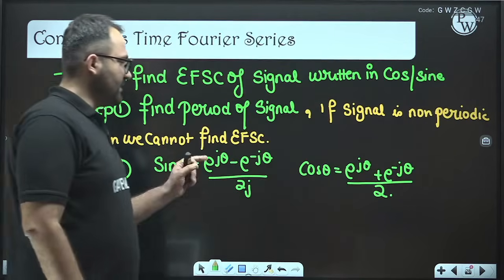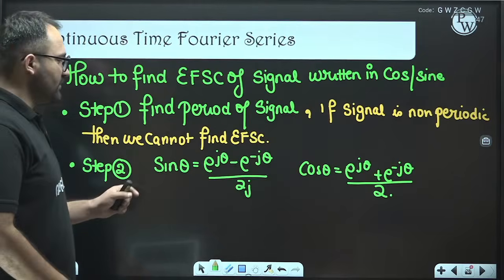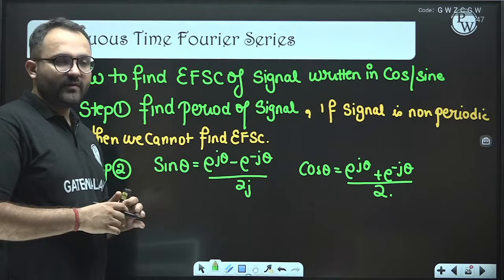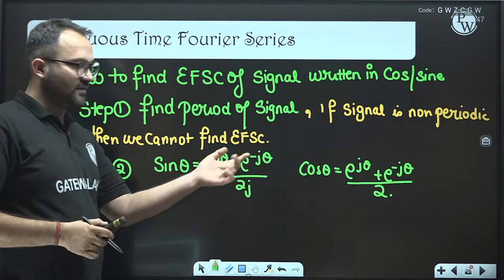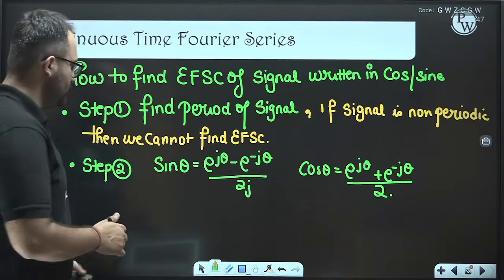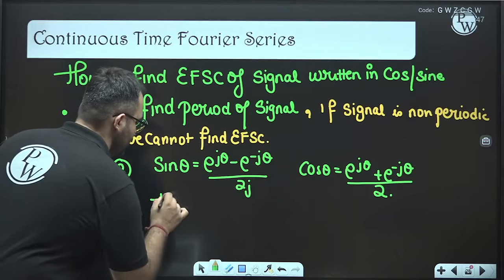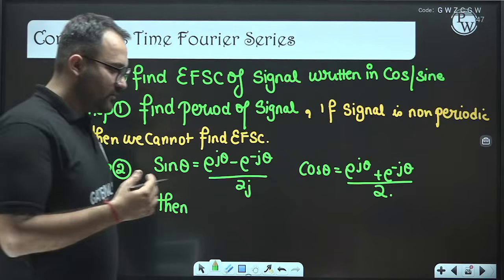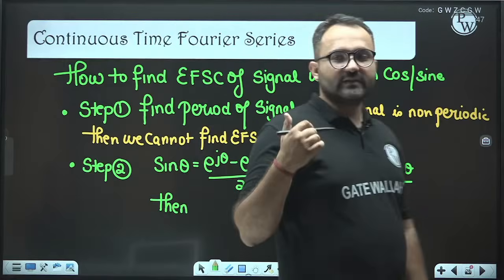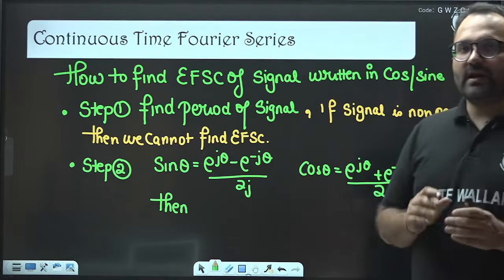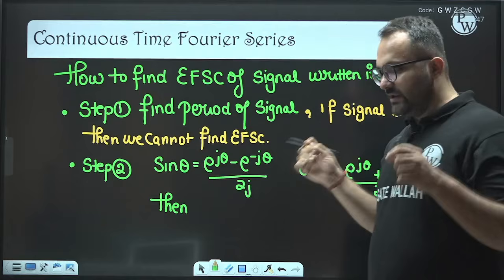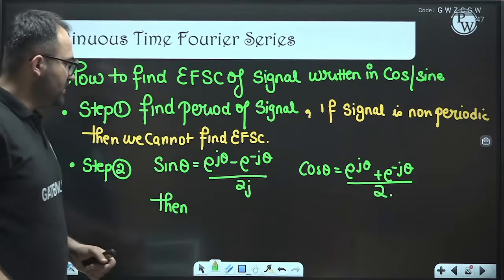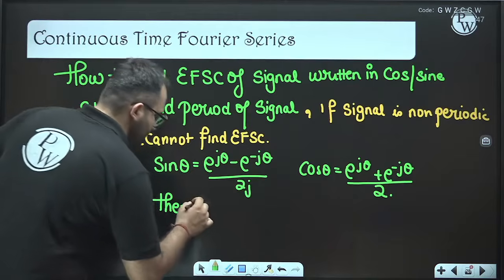So if we have sin theta and cos theta, we will convert them into exponentials using the formula. After converting sine and cos into these exponentials, x(t) will contain only the complex exponential terms.